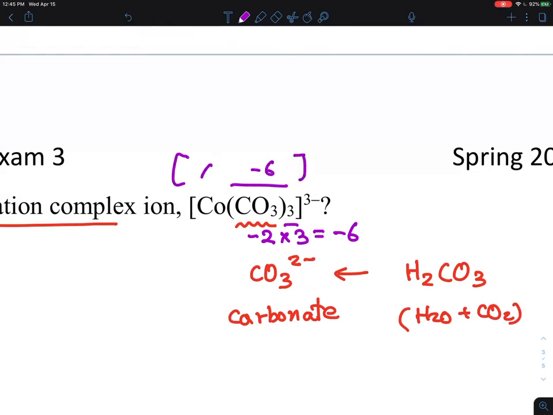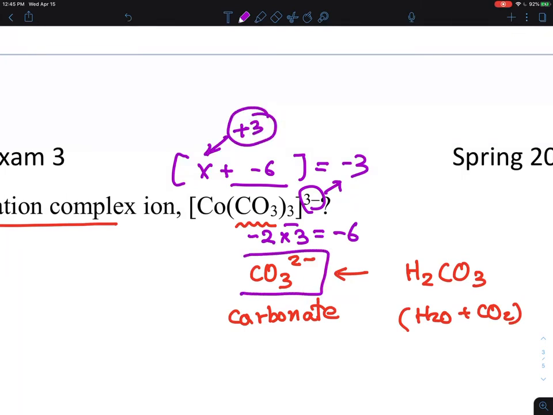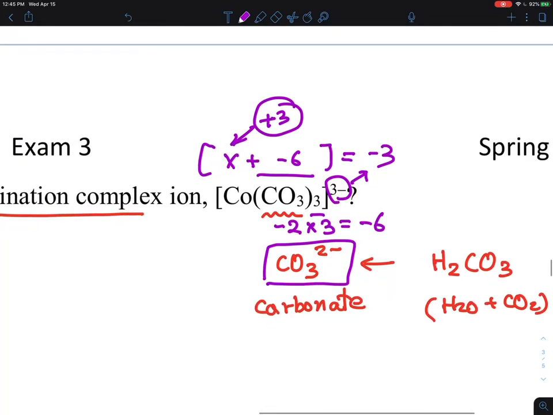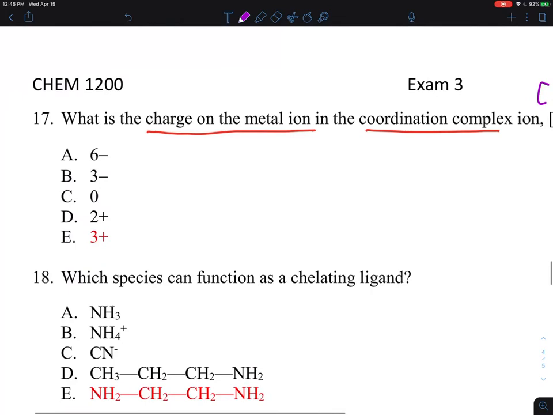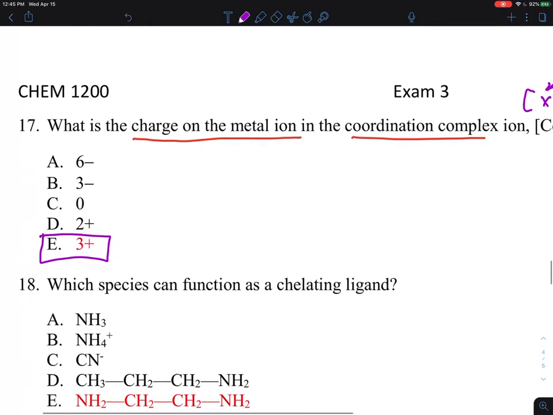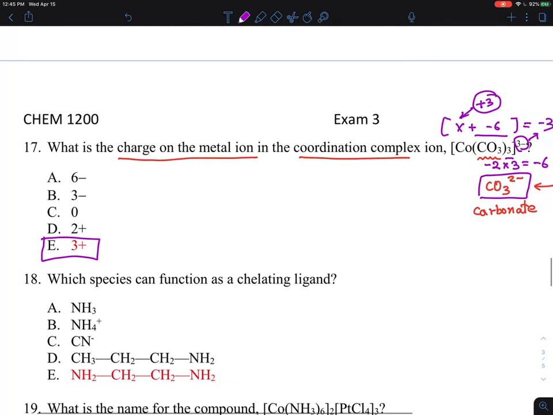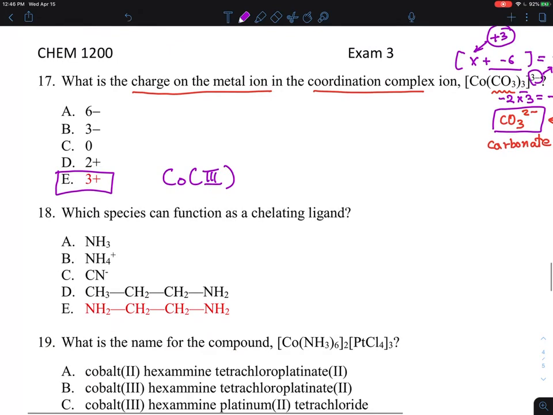I don't know the charge of the metal, so let me just call it X. And the overall charge is -3, as the name suggests, so therefore X is +3. If you know the nature of the carbonate ion, this is a very easy problem. The answer is number 3, +3. So that's cobalt with 3+, and that's what people write.